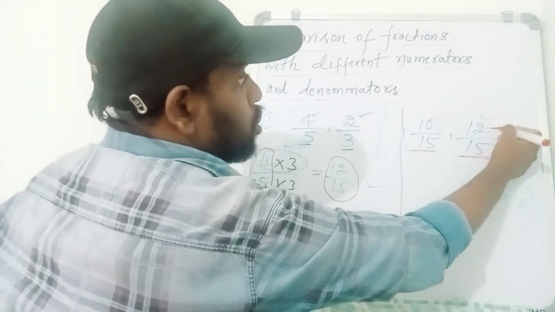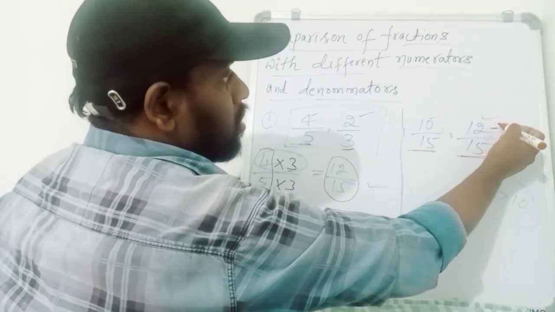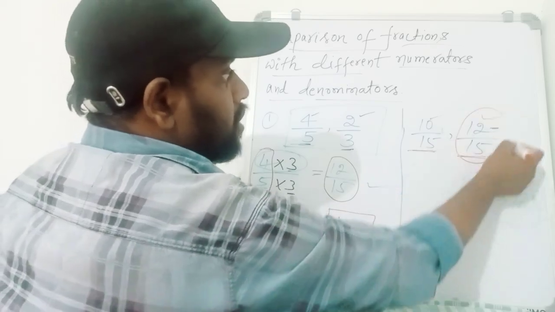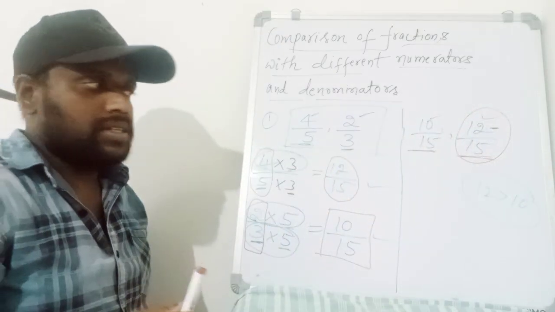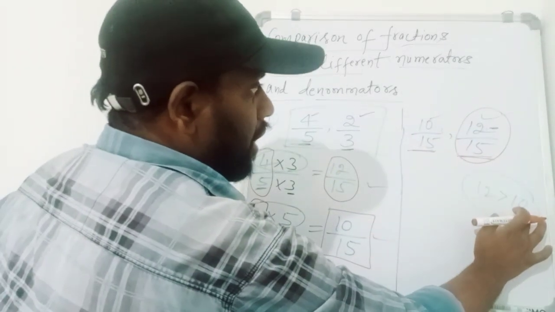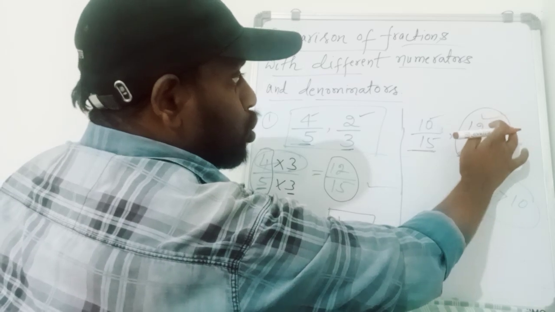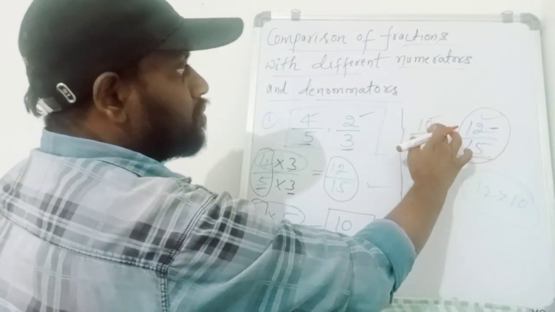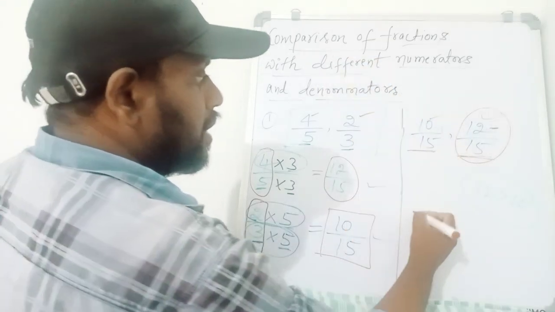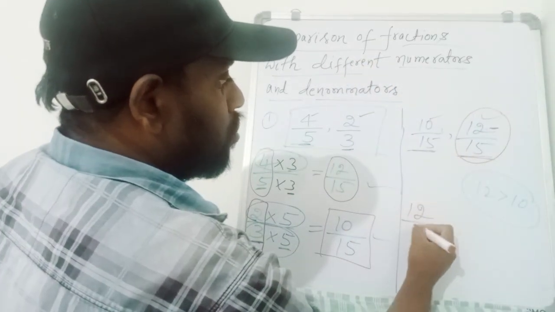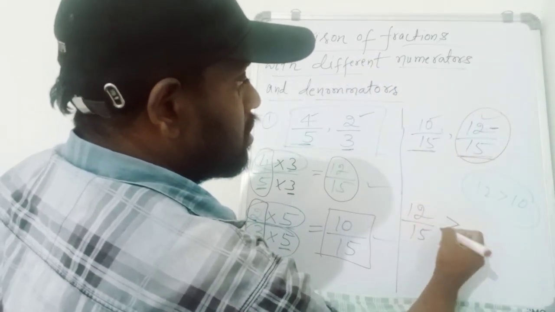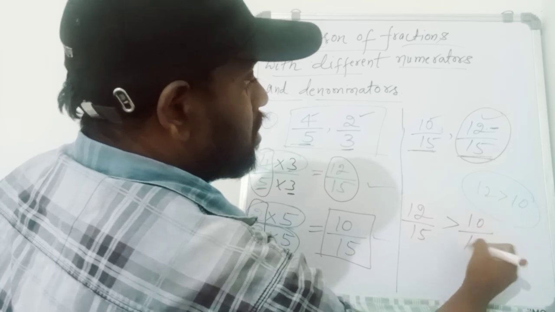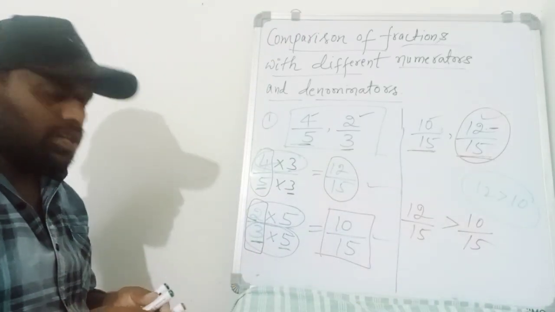This 12 is the numerator of this 12 by 15 fraction. Since 12 is greater than 10, the fraction 12 by 15 is greater than 10 by 15. I will write like this: 12 by 15 is greater than 10 by 15.